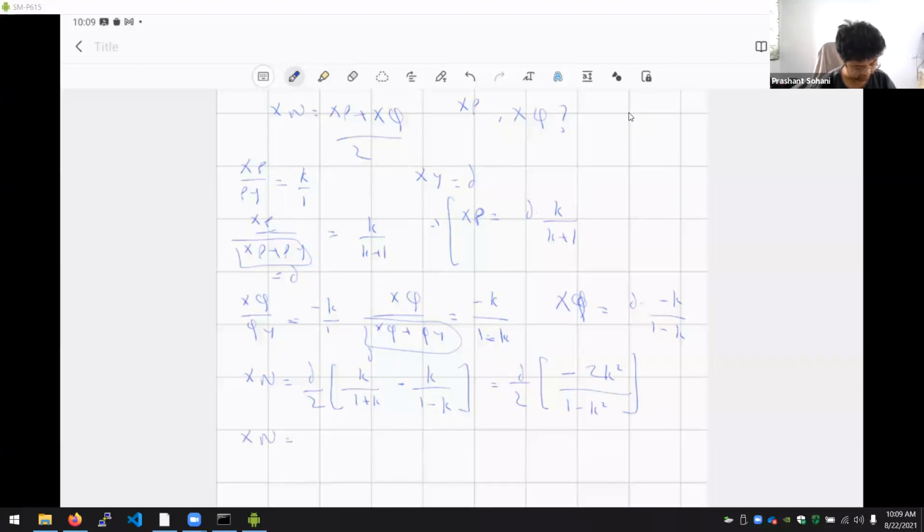Okay, so ultimately xn is nothing but d times k square upon k square minus 1. And I'm interested in ny also, but ny can be quickly written as xy minus xn.